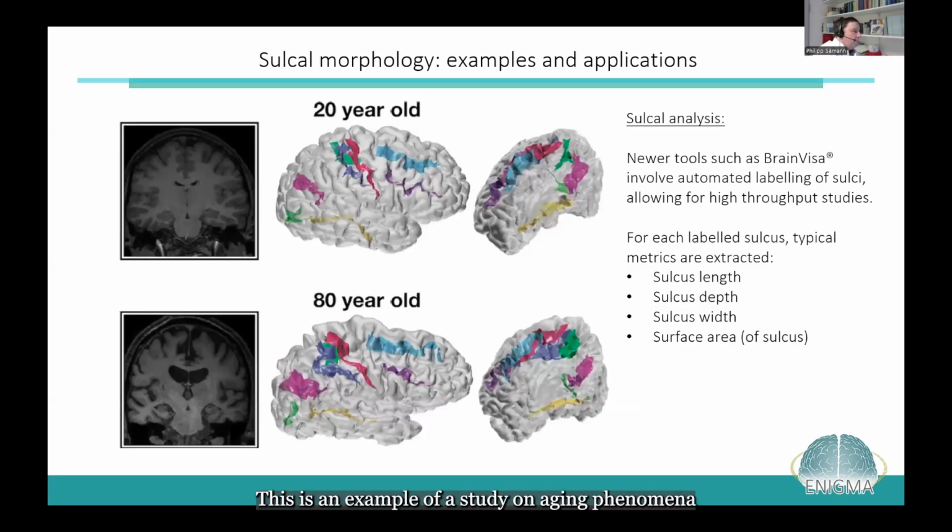This is an example of a study on aging phenomena in the morphology of sulci. So you can see kind of three-dimensional transparent projections of sulci.